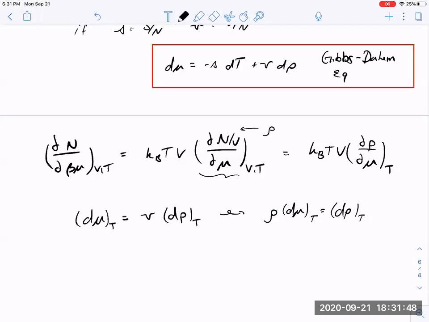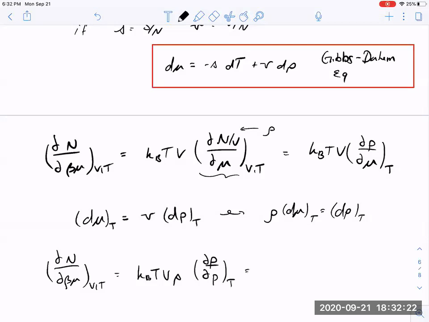So now I can put in a factor of dP for d mu at a cost of rho. So dN d beta mu at fixed V and T is thus equal to k_B T V, that factor of rho, d rho dP at fixed T.